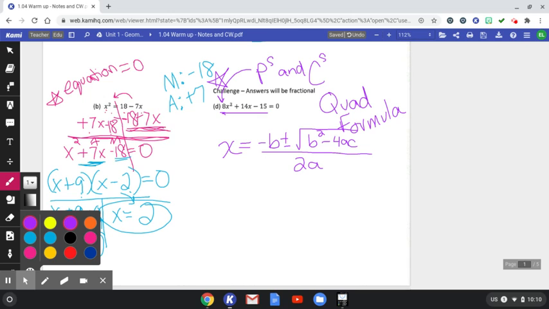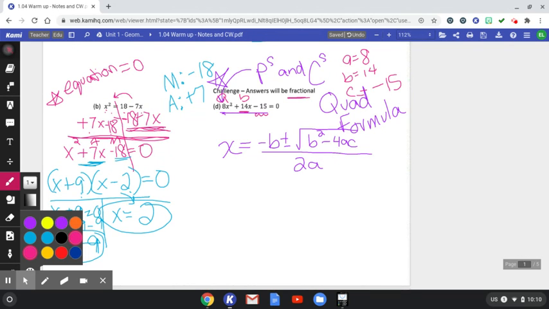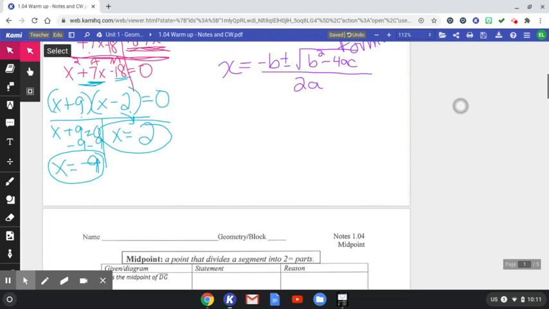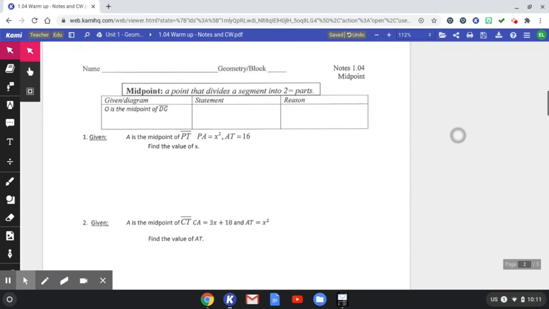And our a, b, and c values would be a is 8, b is that middle term in front of x, 14, and c is the number at the end, negative 15. So if you'd like to try it and find the fractional form of your answers, you can. We don't have to. We're not going to get to that level right now. But if you're a student who'd want to go on to Algebra 2 and get your Advanced Regents Diploma, we'll be coming back to that a little bit later this year.